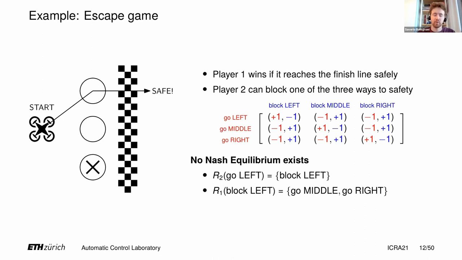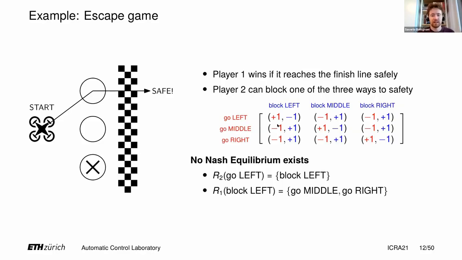Again, it's the example where these two players need to make the decision at the same time. So at the same time, there is a synchronous moment where both of them decide what path to take and which path to block. Now, because here it's literally a game, player one wins if he reaches the finish line safely, and player two can block one of the three ways in order to win.